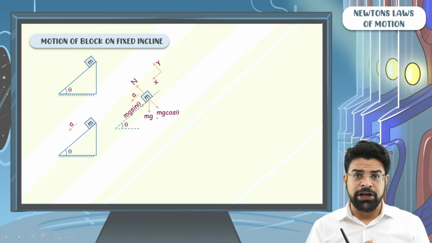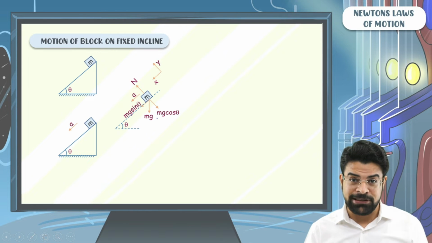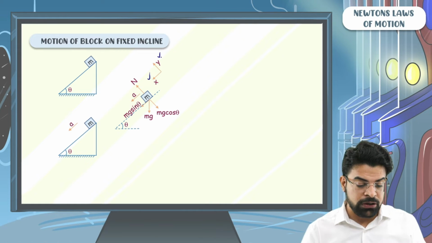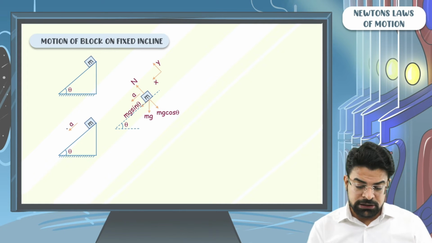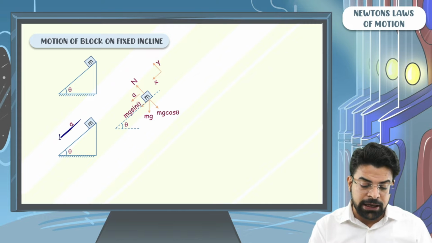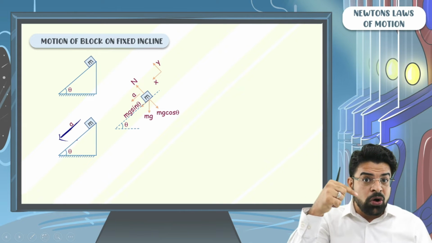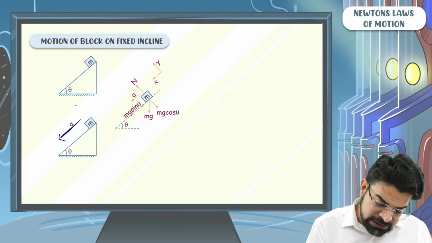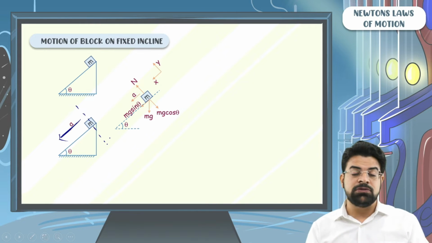Physics gives you freedom to choose your own axis. I have here chosen axes along the incline and perpendicular to the incline. Now since I know that the block accelerates along the incline, the block accelerates only in the direction I have chosen as x. The block does not accelerate in the direction I have chosen as y.